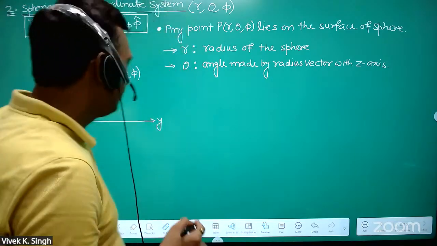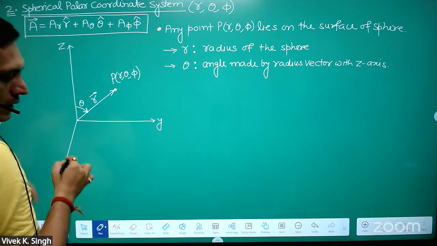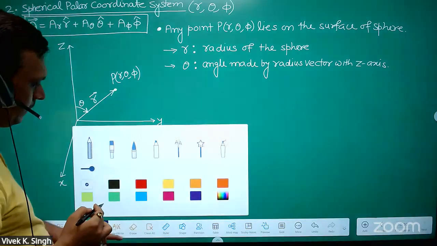Is it clear what is r and what is theta in spherical symmetry?